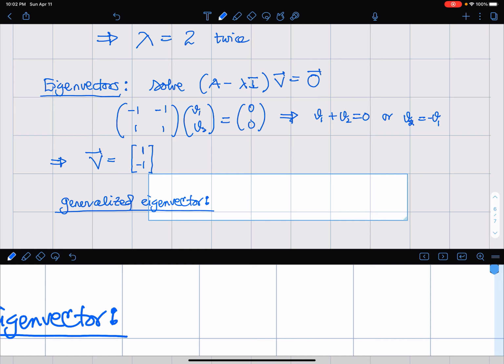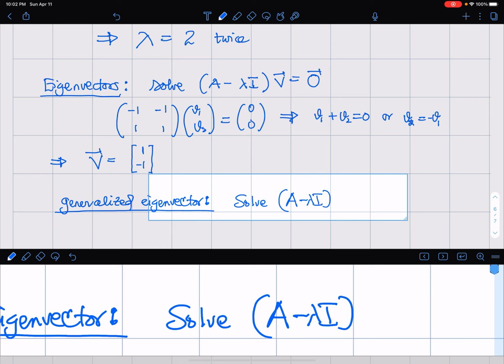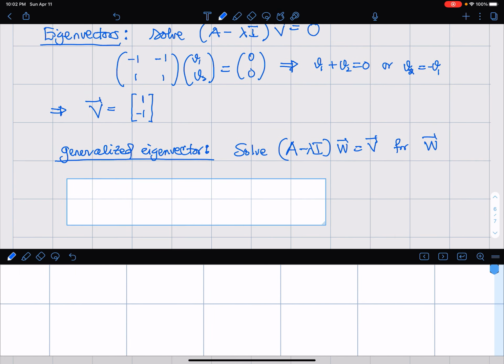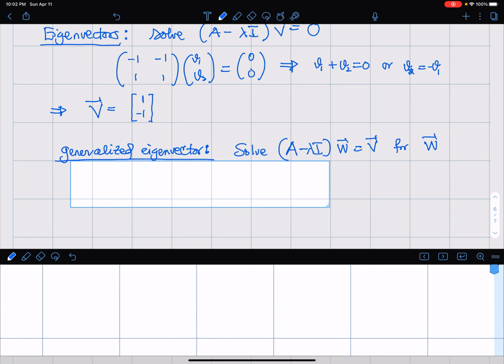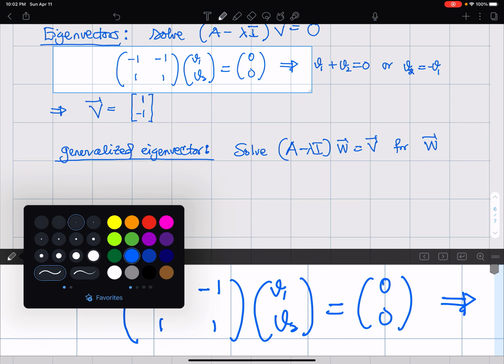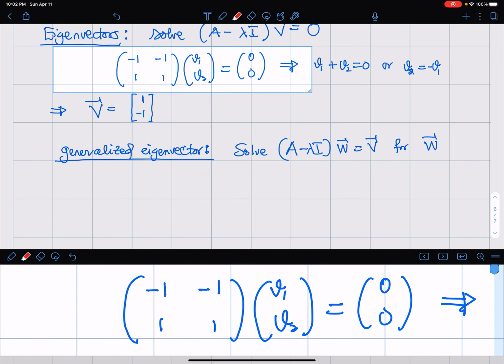You want to solve A minus lambda I times W is equal to V. You want to solve it for W. So this is our A minus lambda I right here.